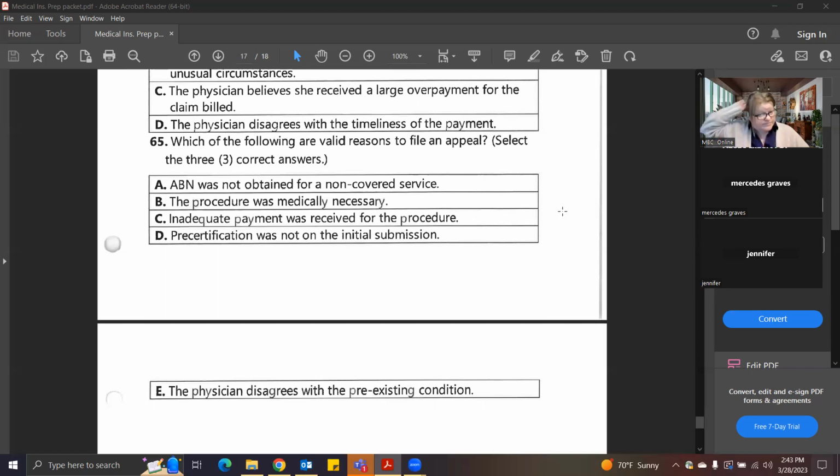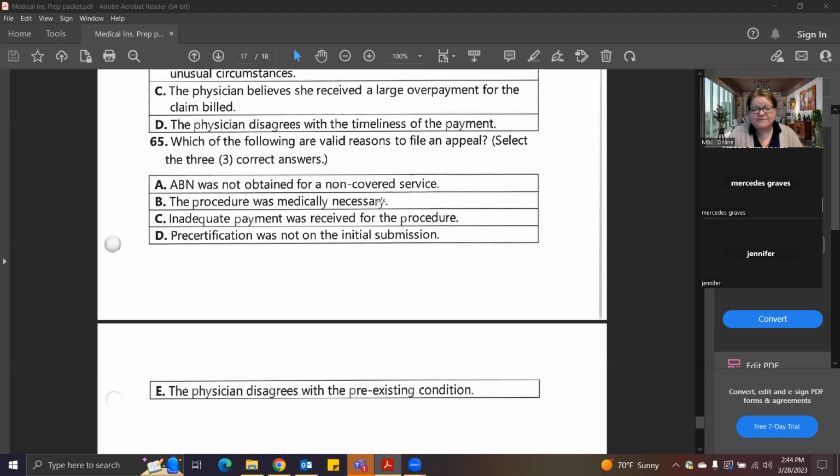B, C, and D. It's going to be B, C, and E. Let me make sure that they have the same answers. Okay, so they're saying B, C, and D. I say it could be B, C, D, or E, in my experience. But they have B, C, and D.